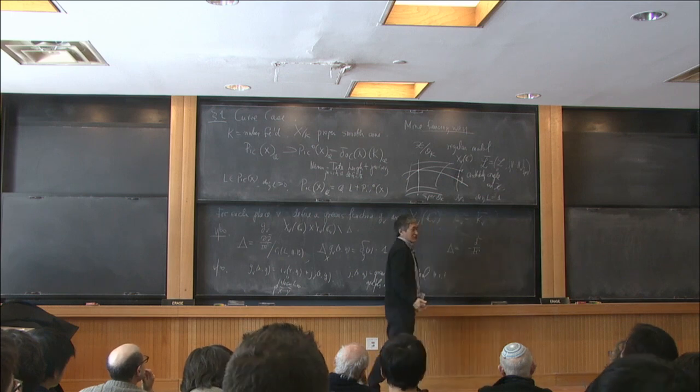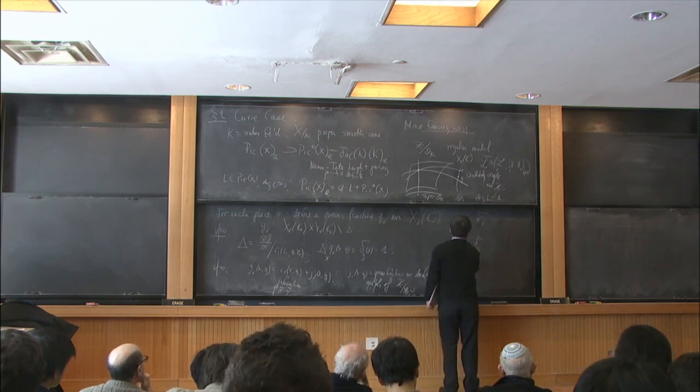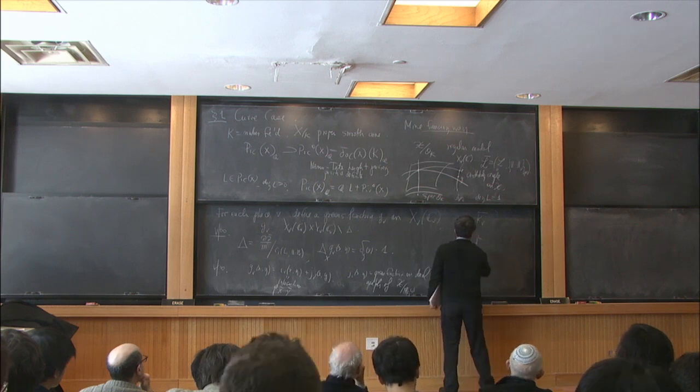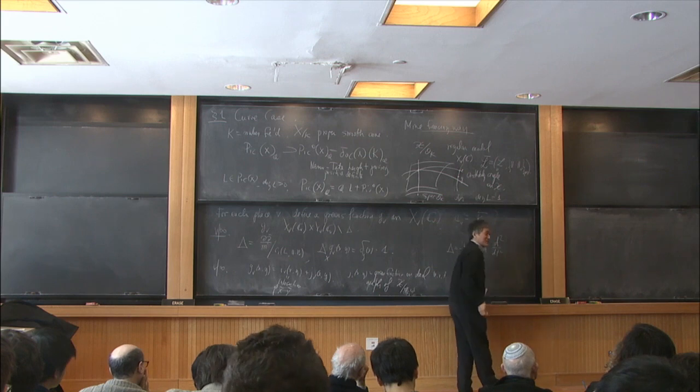But this is not self-adjoint. What we're going to do is take negative 1/2 of this one, plus the adjointization.